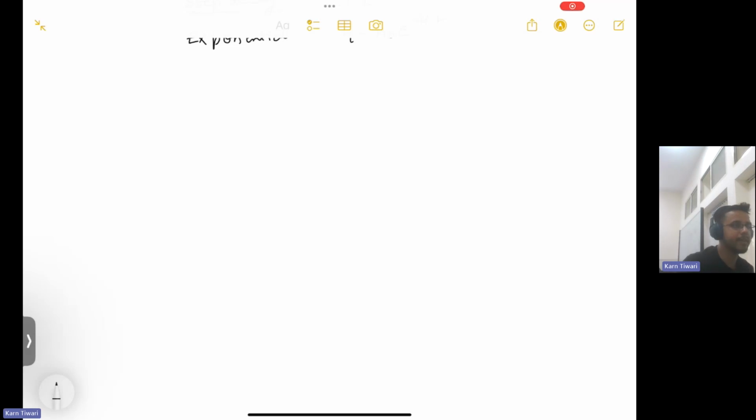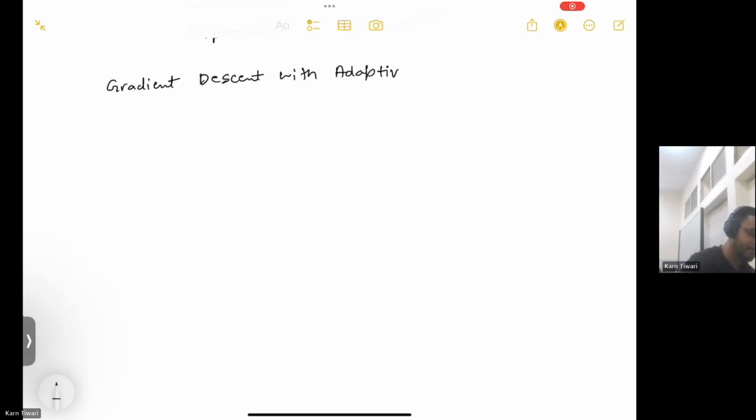Now we'll be coming to gradient descent with adaptive learning rate.